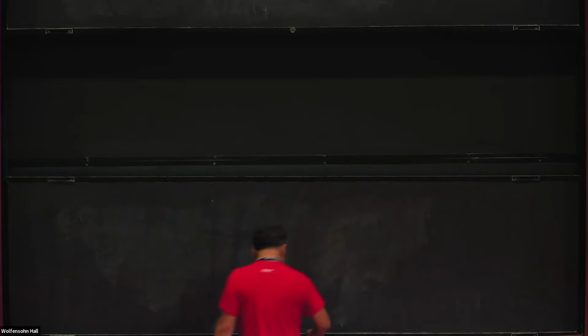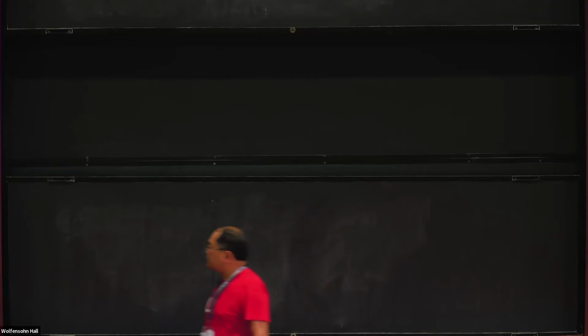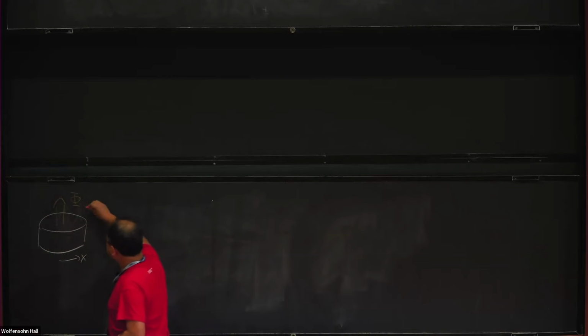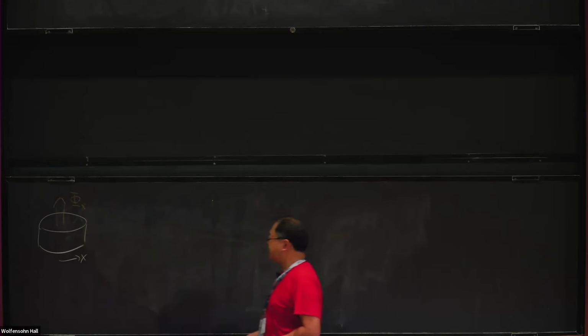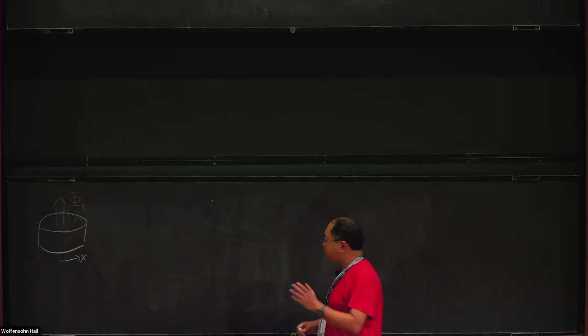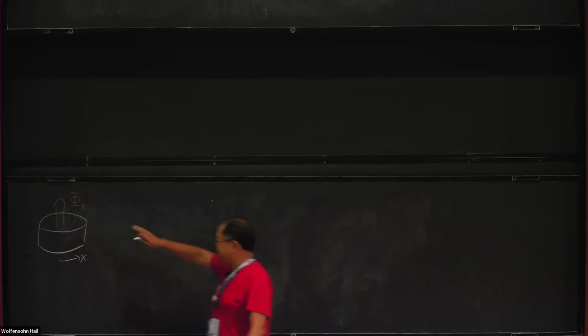Okay. Then what I want to do is, again, I have this x direction and I have this flux, or let me write this as phi x because it induces vector potential in x direction. Actually, during the break, Nati Seiberg told me that we don't need flux.